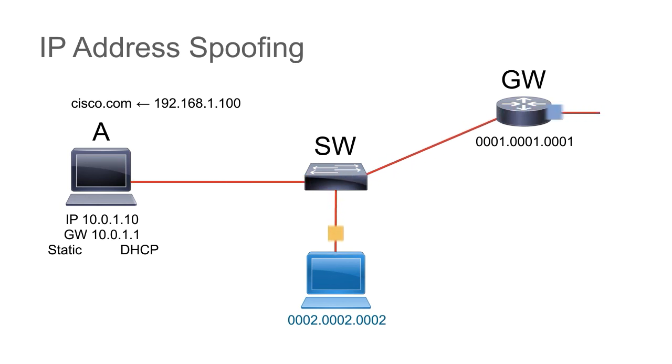This concept of IP address spoofing, pretending to be someone that you're not, this leads us to another type of attack that makes use of IP address spoofing, and that is denial of service attacks. So one common denial of service attack utilizes all of the resources in sending a SYN message and spoofing the source address.